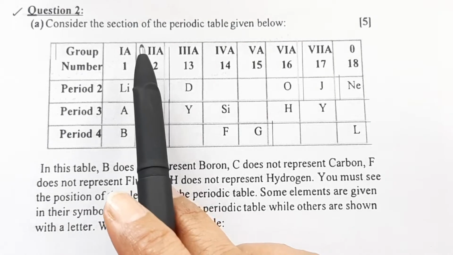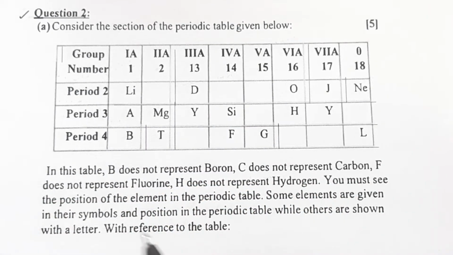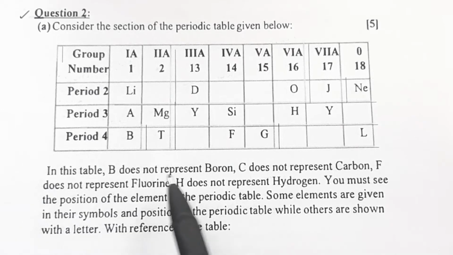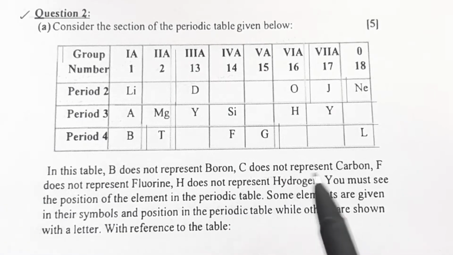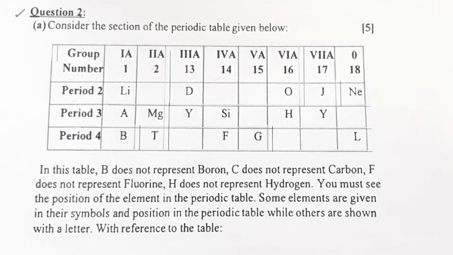Consider the section of the periodic table. This is the periodic table given to you. In this table, B does not represent boron, C does not represent carbon. So these are just letters of the alphabet.